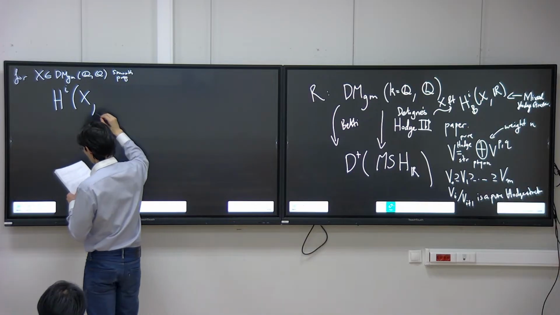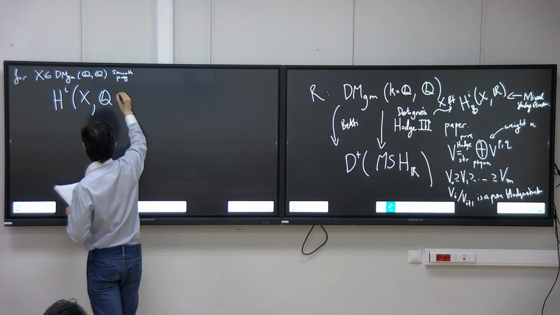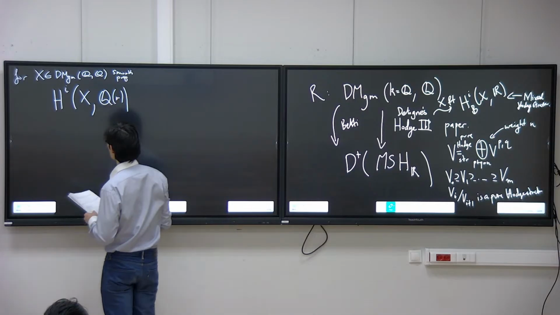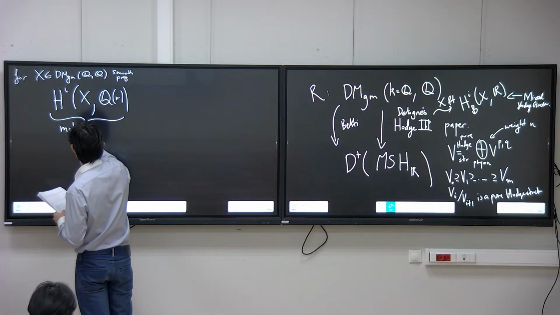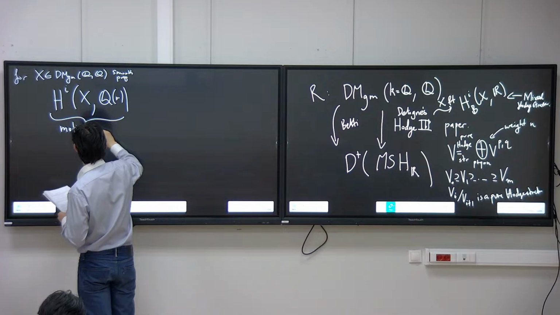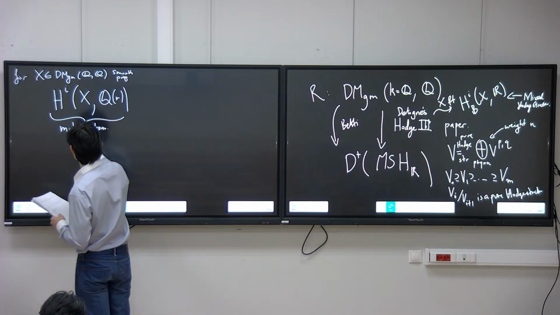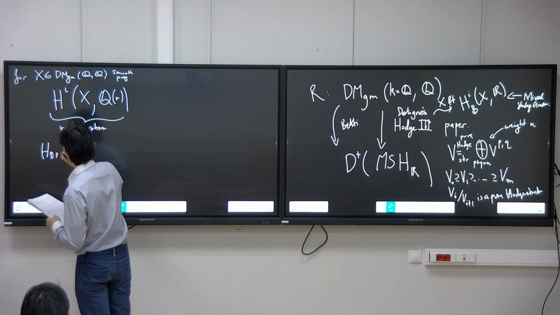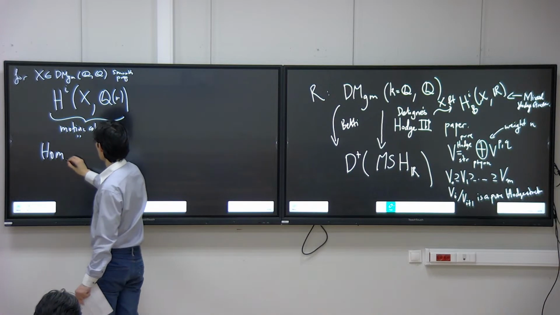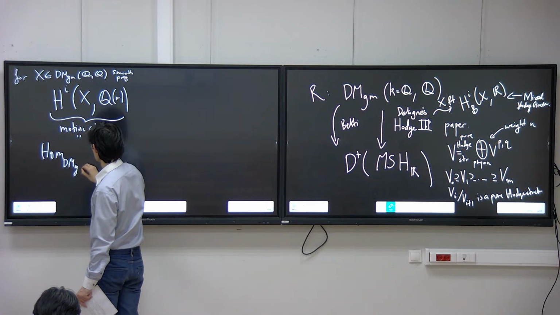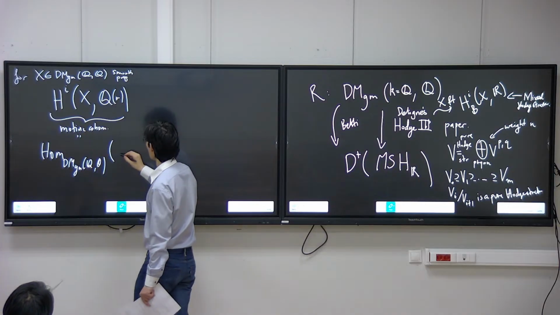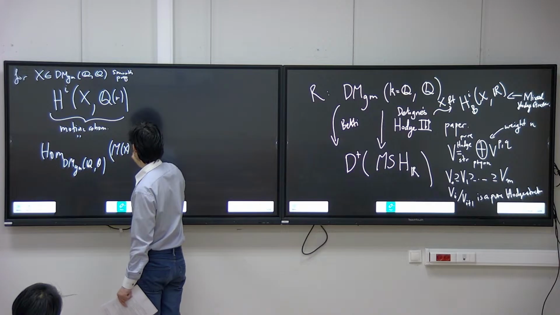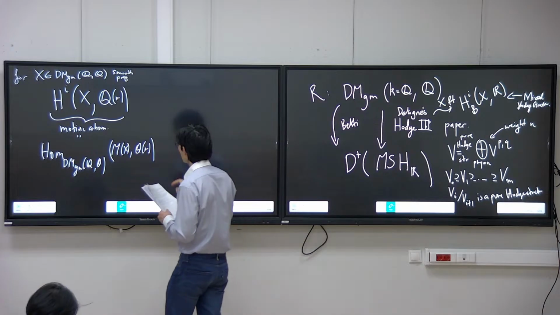I look at motivic cohomology, which is also equal to the Hom of M(X) to Q(n), just in case we forgot.